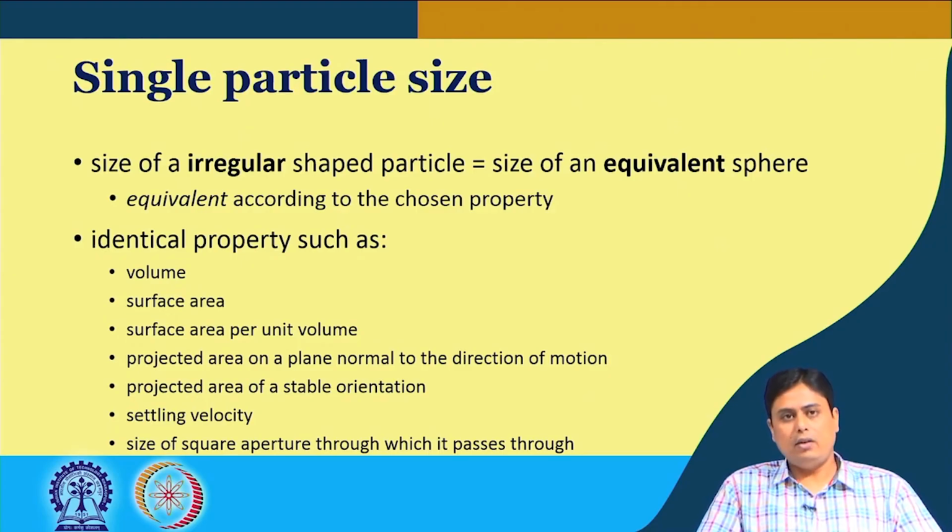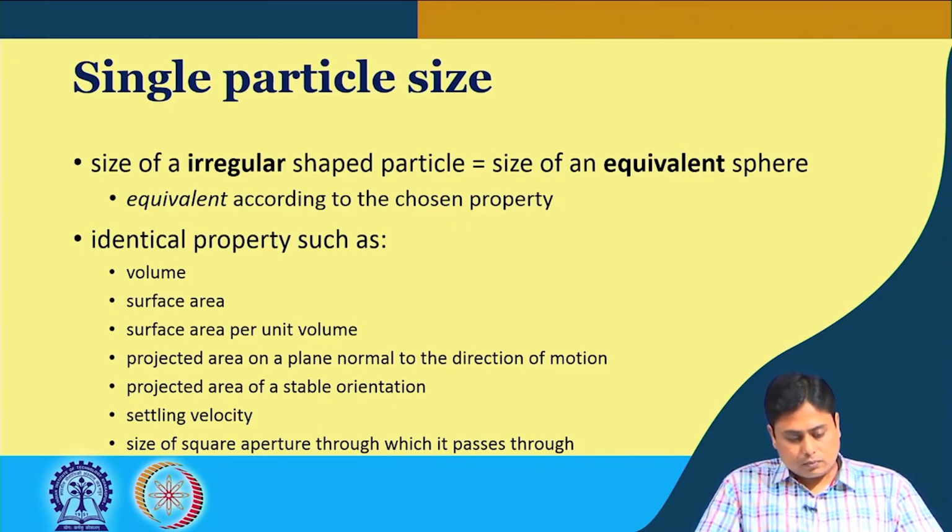So, in that stable orientation, what is the projected area that you get from a microscopic image? You equate that area with the equivalent surface area of a sphere and find out the radius or the diameter of the sphere. You get a characteristic dimension, or the size, of the irregular shaped particle.